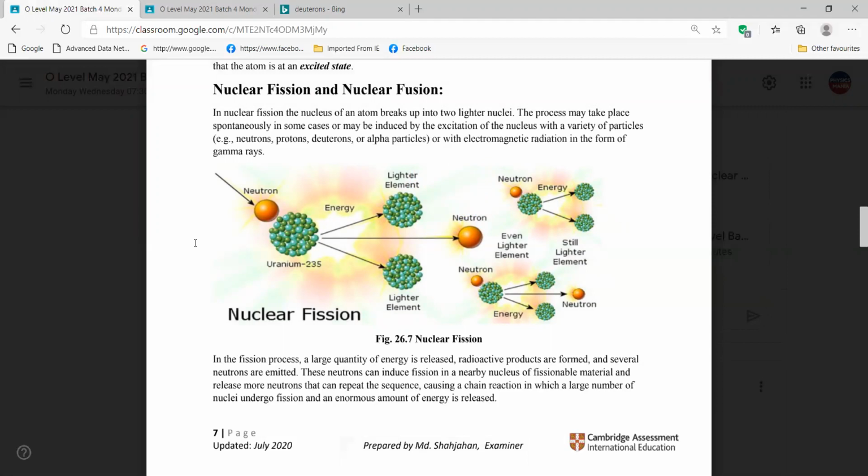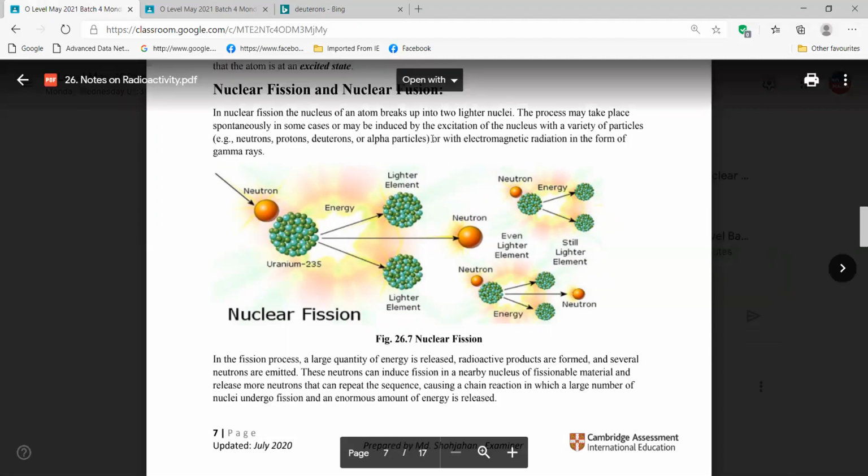Nuclear fission. In the fission process, a large quantity of energy is released. Radioactive products are formed, and several neutrons are emitted.